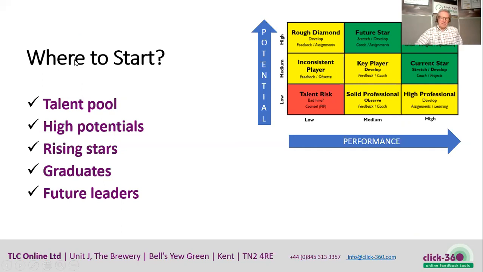Just bear in mind, if this is part of a leadership development program, you may not have people in those groups on that program. You may have if it's a future leader program, but if it's an existing management development program, for example, you may have a mix of people from these different boxes.